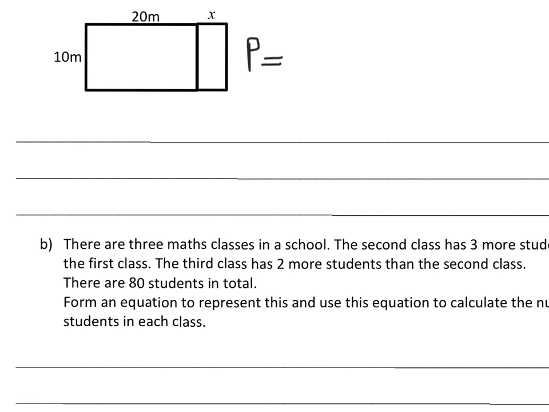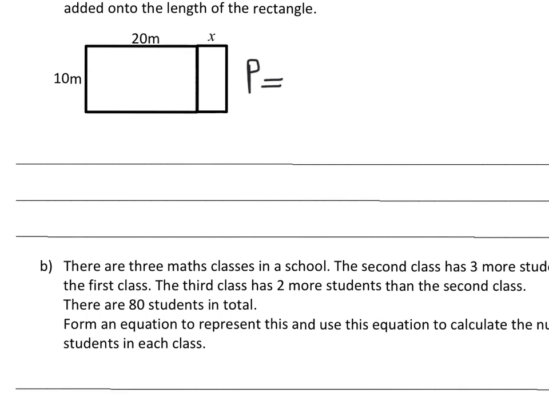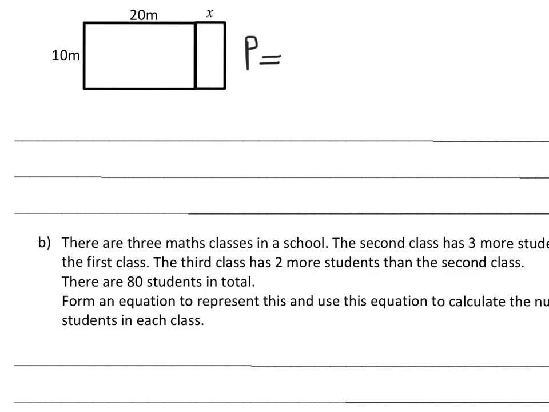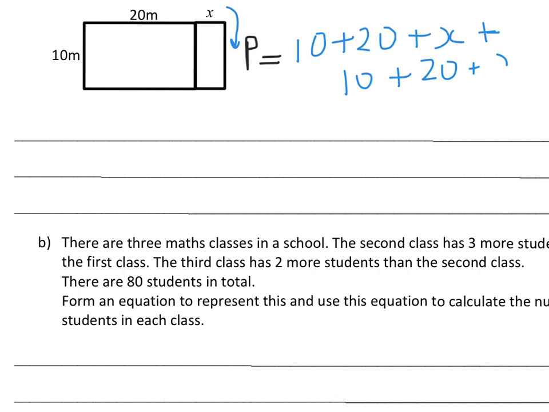So we add up to go around. We've got 10 meters, and we're going to add 20, and then we have an unknown x, and then around the other side of the perimeter we're going to add on another 10 plus another 20 plus another x to go right around the perimeter.